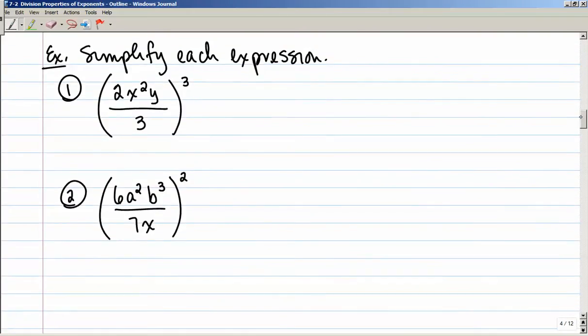Here's a couple examples. So the fraction 2x squared y divided by 3, all raised to the third power, is the same thing as 2x squared y to the third power divided by 3 to the third power. That exponent applies to both the numerator and the denominator. And remember, we did this in the last section. 2x squared y, whole thing cubed.